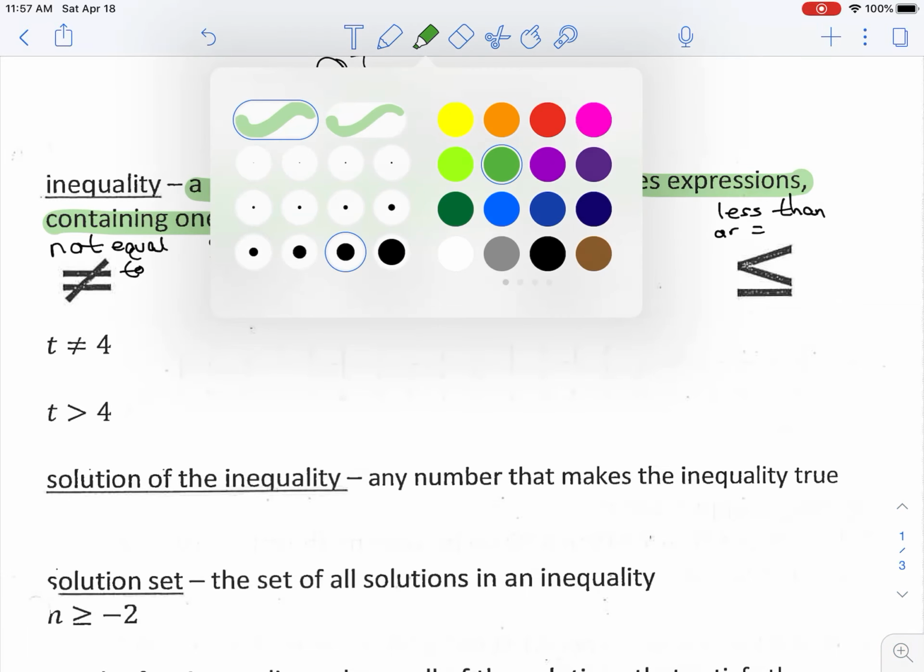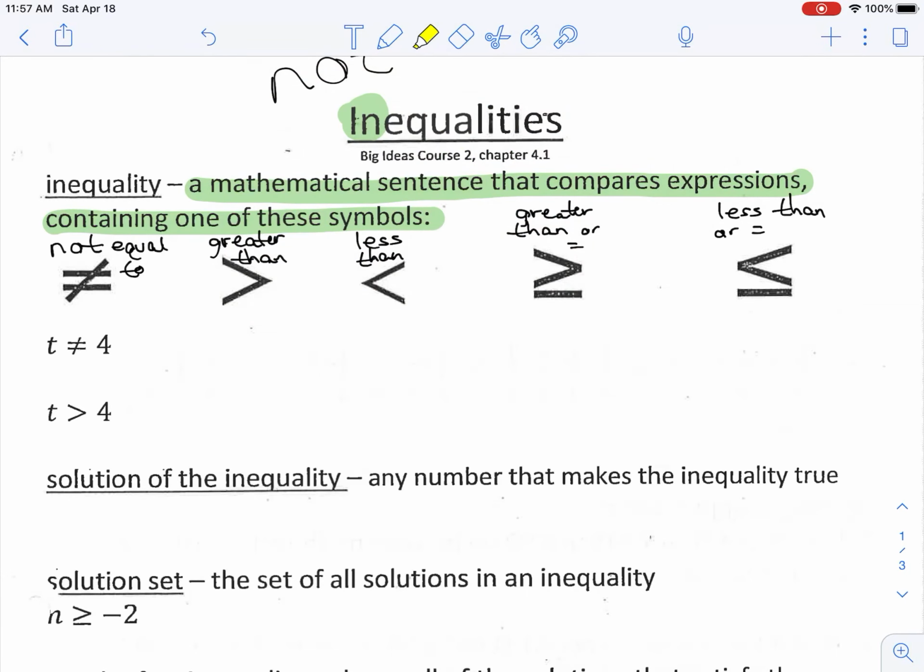All right, so let's take a look at this first inequality. That first inequality is read t is not equal to 4.